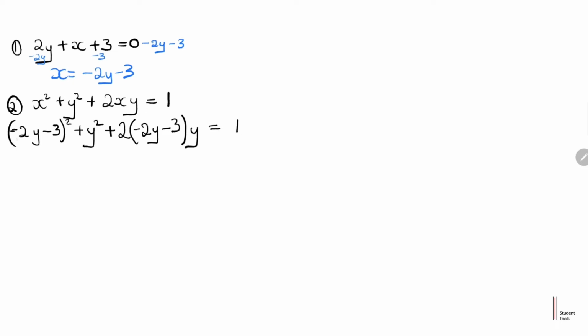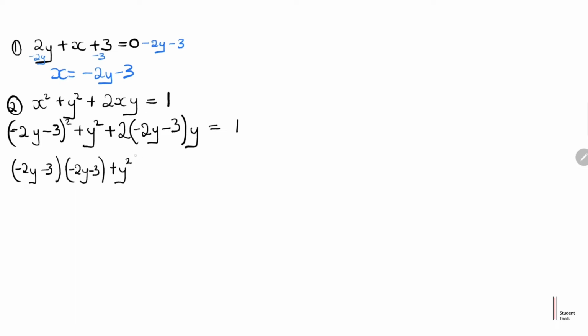Now we have minus 2y minus 3 squared. So that means we have two brackets here. We have minus 2y minus 3. Also minus 2y minus 3 because it's squared. And then we have plus y squared.